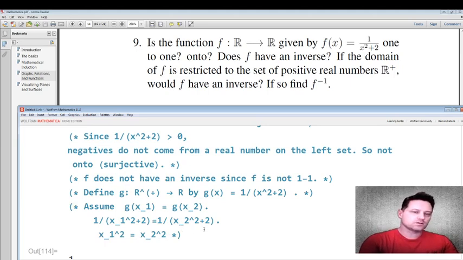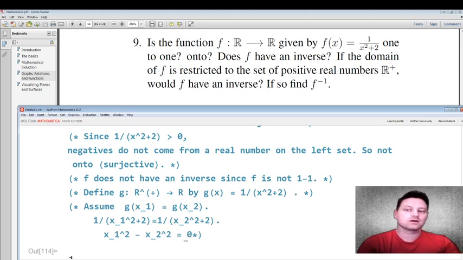And now we want to take the x2 squared over to the left-hand side. So we have x1 squared minus x2 squared equals 0. And then we factorize the left-hand side.